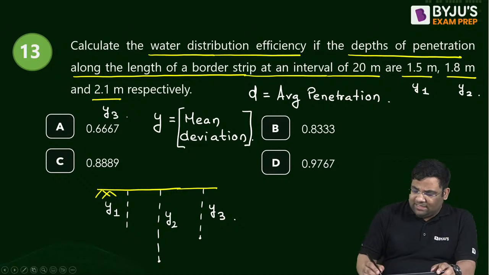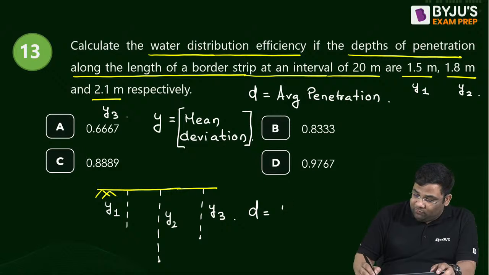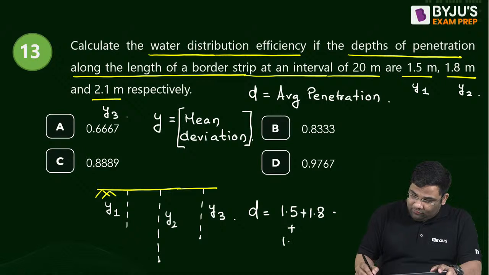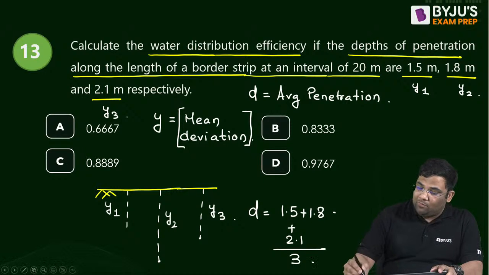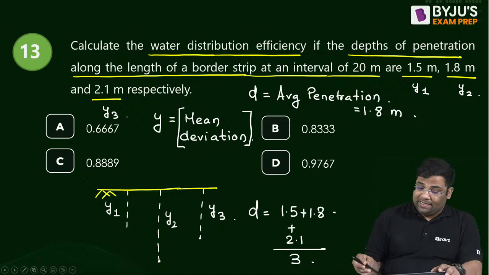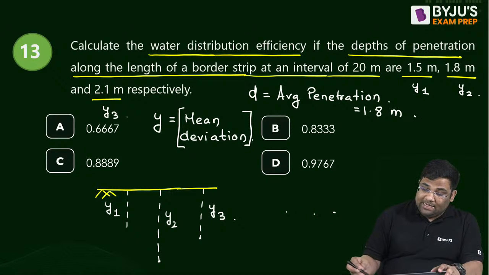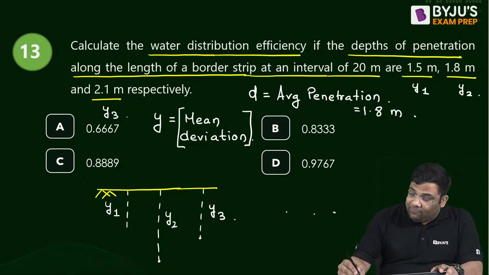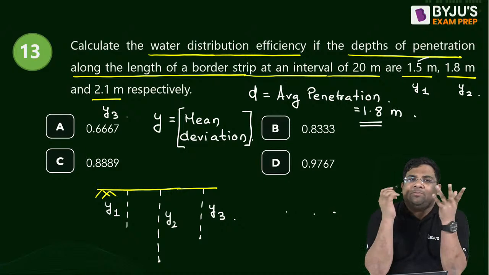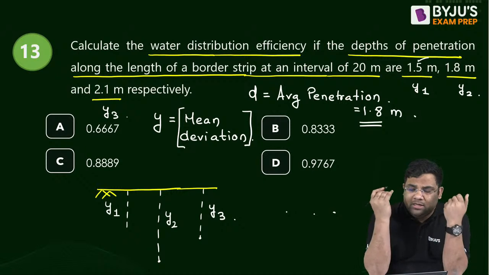You see, the average penetration will be 1.5 plus 1.8 plus 2.1, divided by 3. So the average penetration is coming 1.8 meter. Now if I see the deviations, the deviation from the mean for 1.5 is 0.3, but I will take the absolute value.